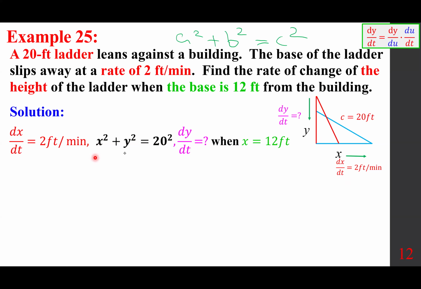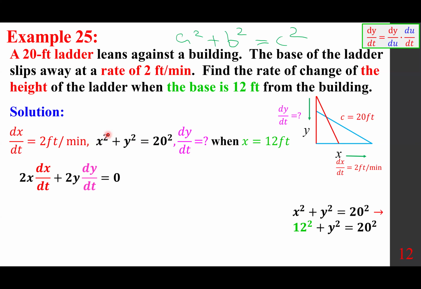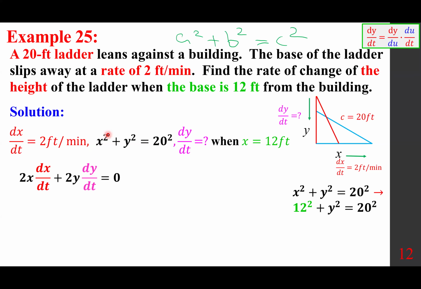Now this is 2x dx/dt, this is 2y dy/dt, this is 400, which results in 0 because it's a number. Now you got everything except y is missing, so you go back to this one, replace the x with 12. 12 squared is 144. 20 squared is 400.